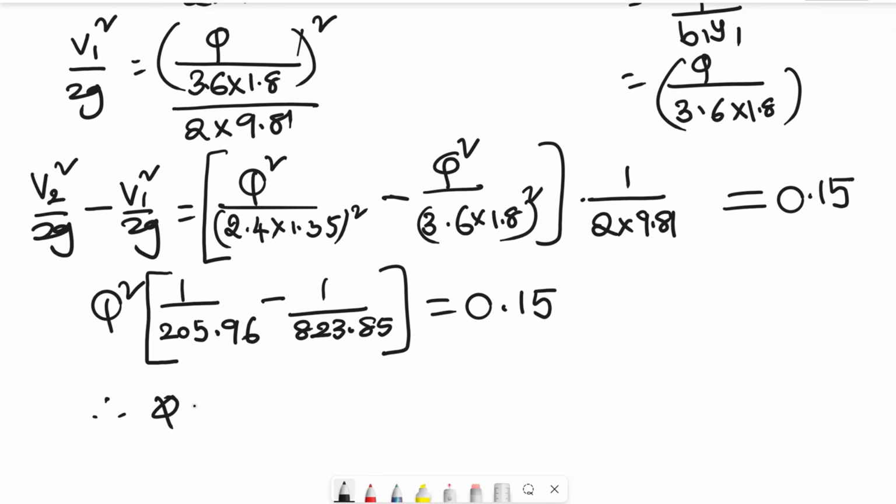Therefore, Q is equal to 6.418 meter cube per second.